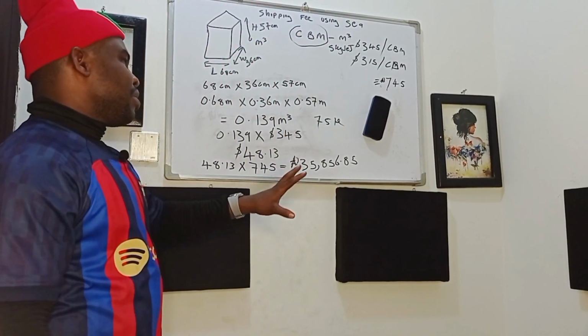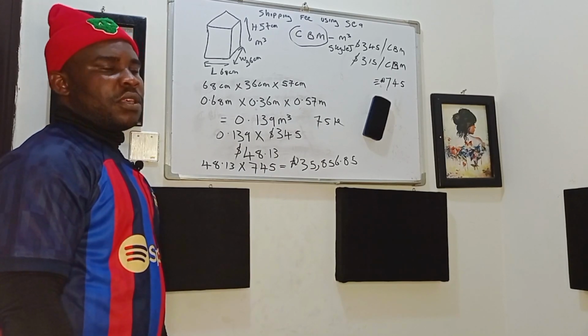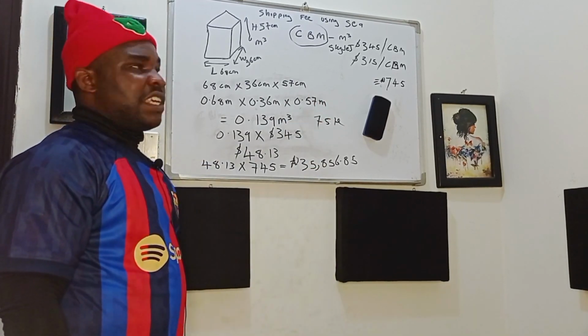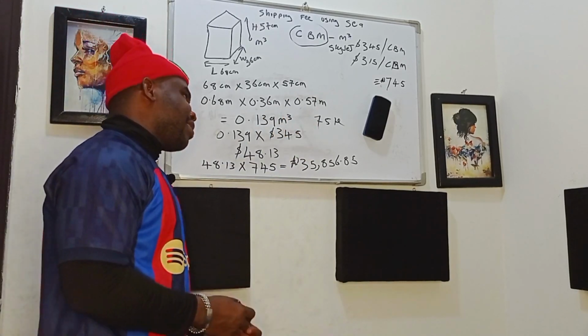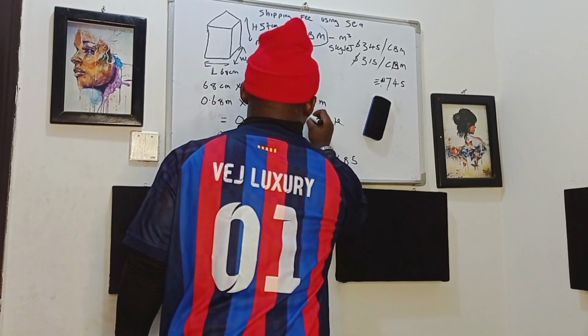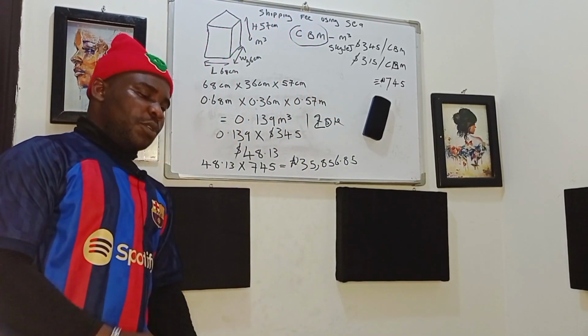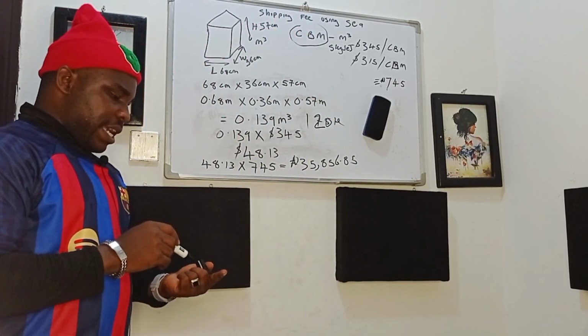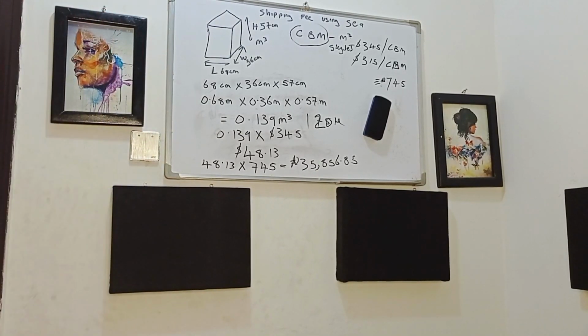So you can be paying something equivalent to 25K, but you're paying just 35K, or even more than 75K, depending. If your goods were really lightweight, you can pay this. But if they were heavyweight items, you can be surprised to pay up to 120K for that carton. Believe me. So that is how you can calculate your shipping fee using the sea route.